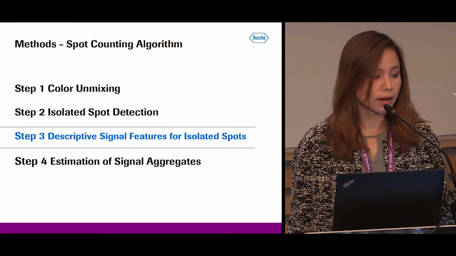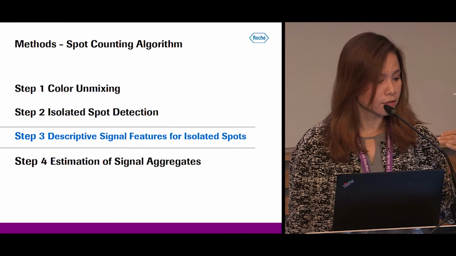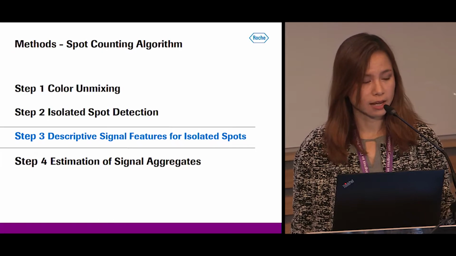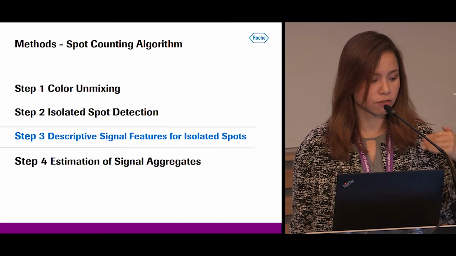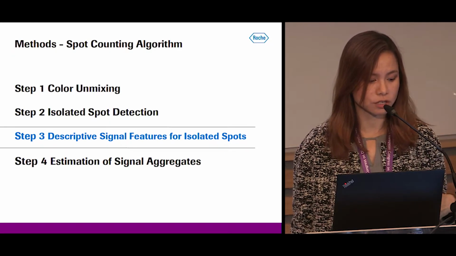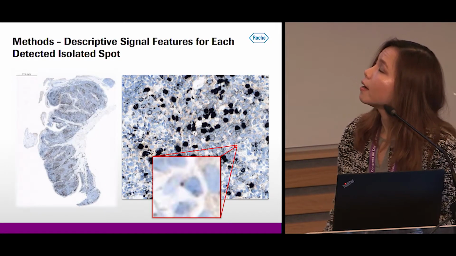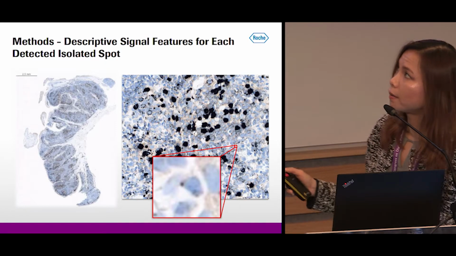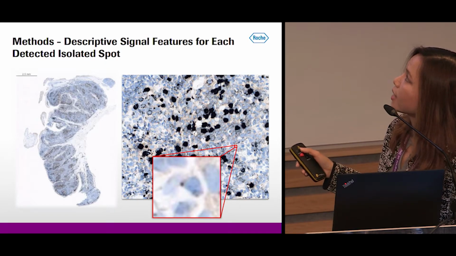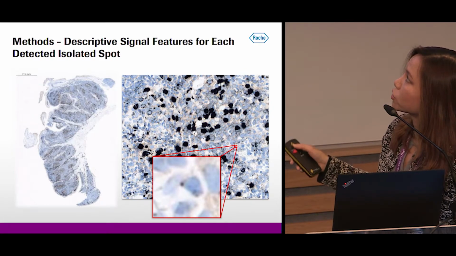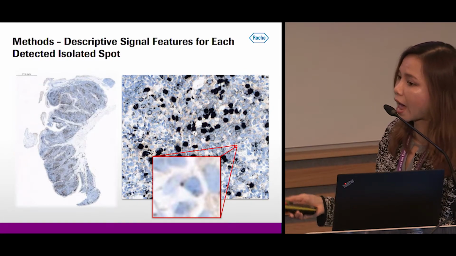And then we use the coordinates obtained from the isolated spot detection step in order to derive the signal features. We position the coordinate on the portion of the slide, and then we crop the image to obtain the image patch.